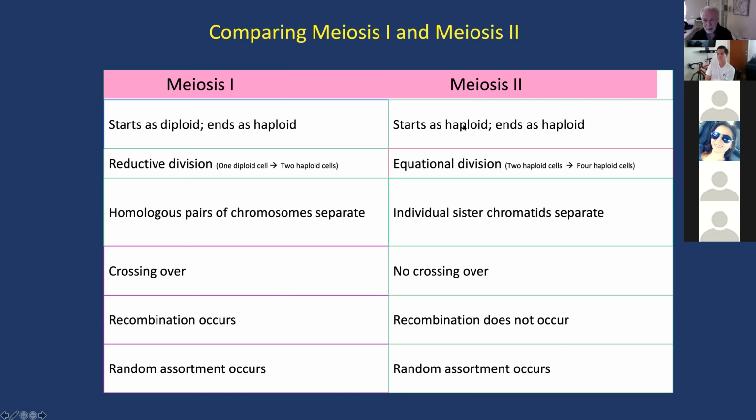Starts as haploid and ends as haploid. In meiosis 1, we have what's called the reductive division, where one diploid cell becomes 2 haploid cells. Meiosis 2 has what is called an equational division, where these 2 haploid cells from meiosis 1 become 4 haploid cells.